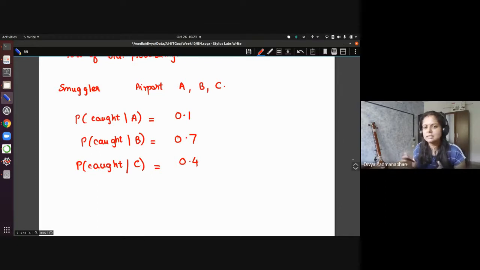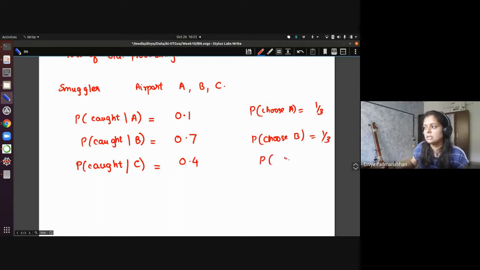The smuggler has these three possibilities, and the probability that he chooses A is 1/3, B is 1/3, and C is 1/3. So he doesn't have any particular preference.